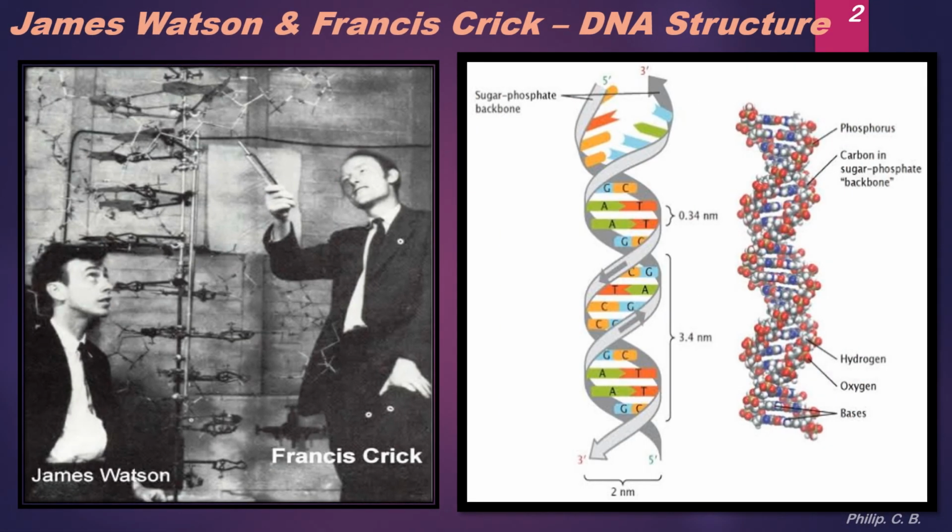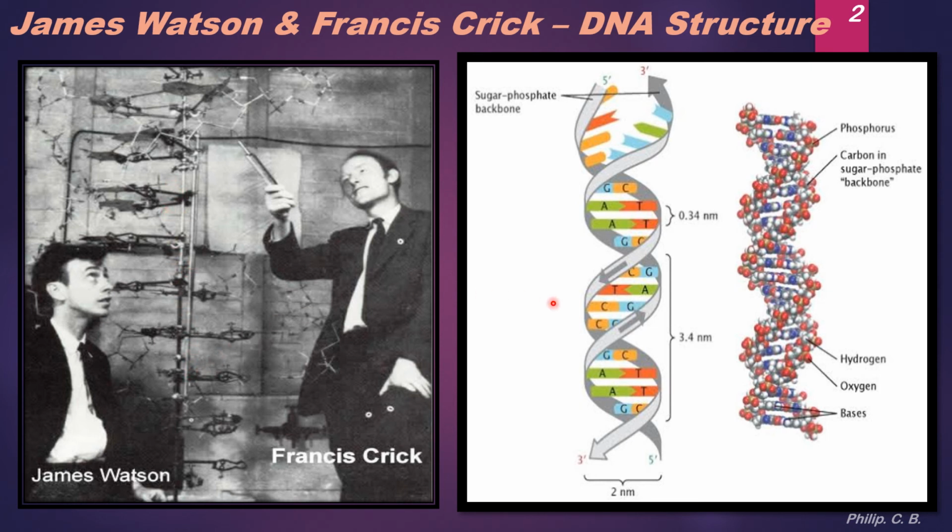Now here we can see James Watson and Francis Crick, and how they imagined the DNA structure at that point of time when they were learning about the DNA model. With the help of the resources, the metals or materials which they had, they made an artificial model.